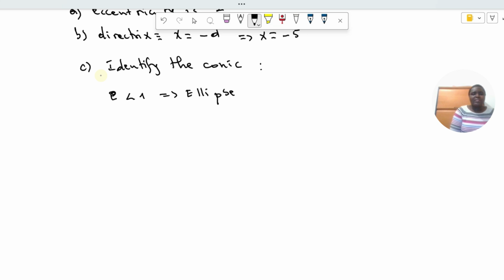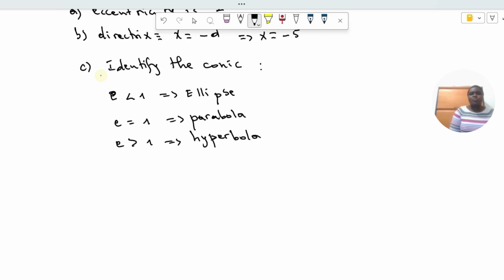And when the eccentricity is equal to 1, the conic is a parabola. And when the eccentricity is greater than 1, the conic is the hyperbola.